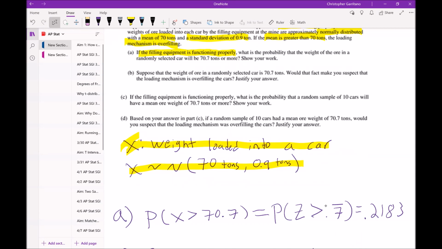All right. And by the way, you might be wondering why we're using the normal distribution and not the t distribution. The major difference here and why we're allowed to use the normal distribution for these means is that, well, I guess this really applies to part C when we're talking about a sample. But the thing is, here we know the population standard deviation.